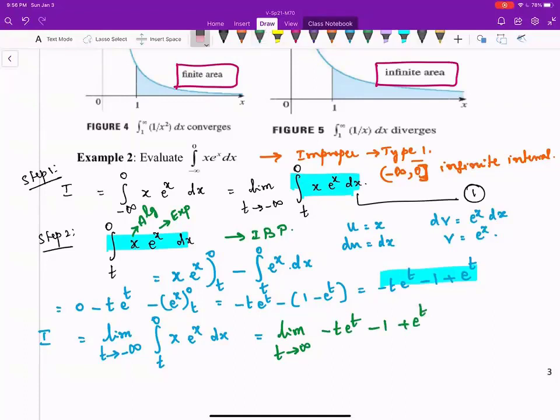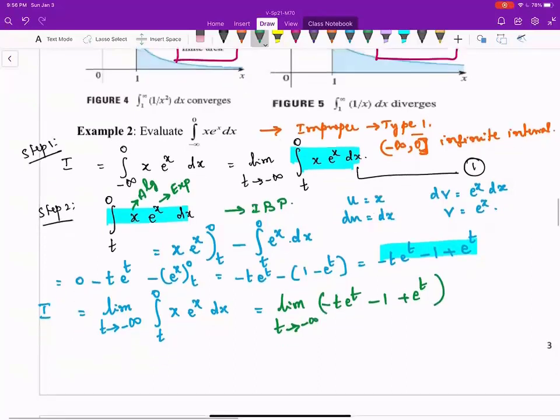As t approaches negative infinity, e to the t is e to the negative infinity. E to the negative infinity is going to be 1 over e to the positive infinity, 1 over a large number, which is equal to 0. So this is equal to 0.